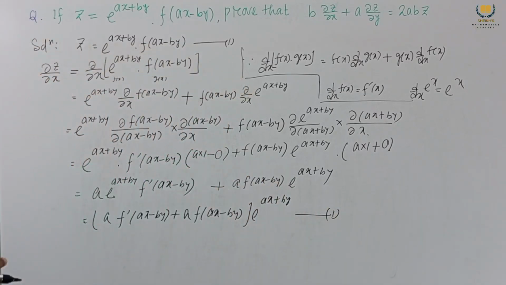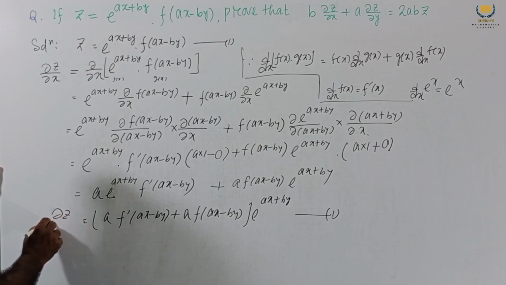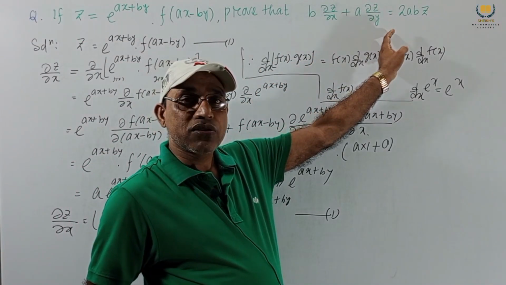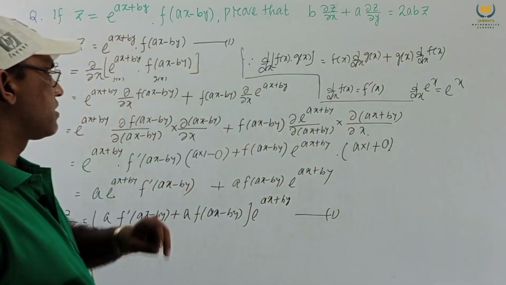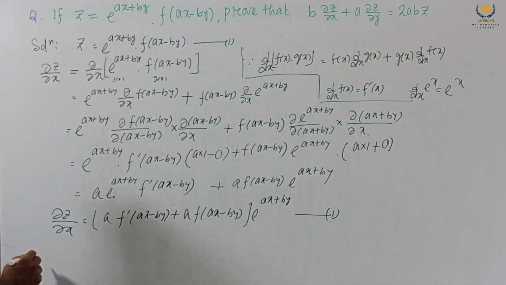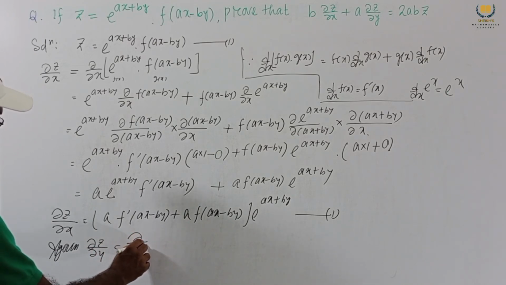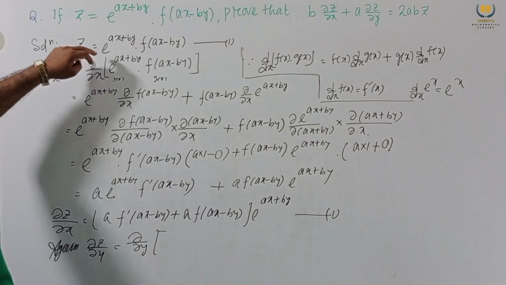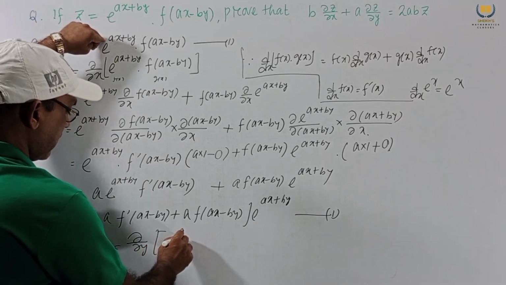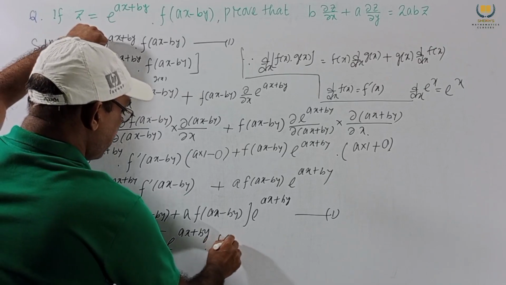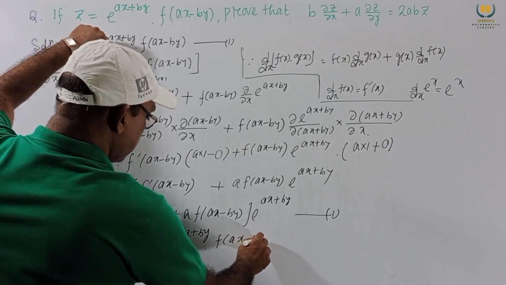Now in our answer, we just got del z del x. But in our answer del z del y also we have, so we differentiate partially with respect to y. Again del z del y, we write this one, e to the power ax plus by into f of ax minus by.